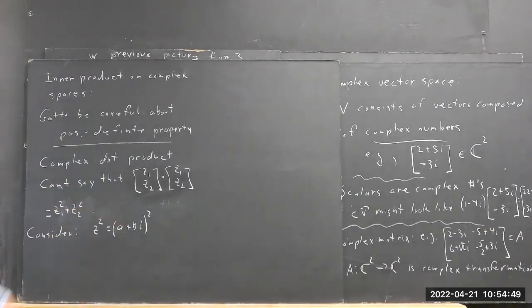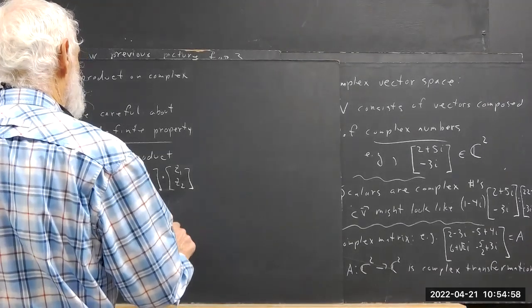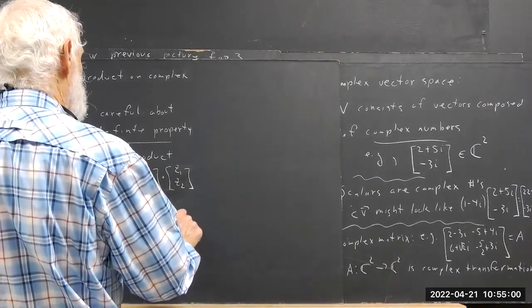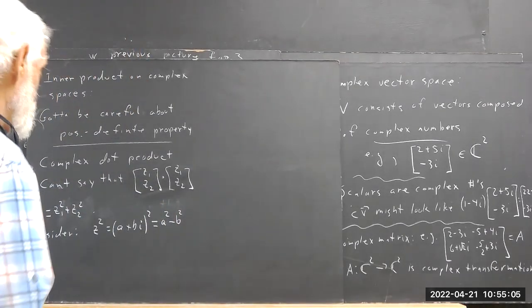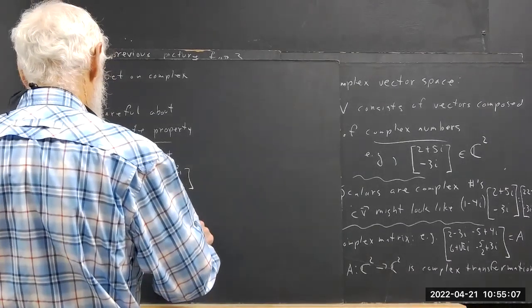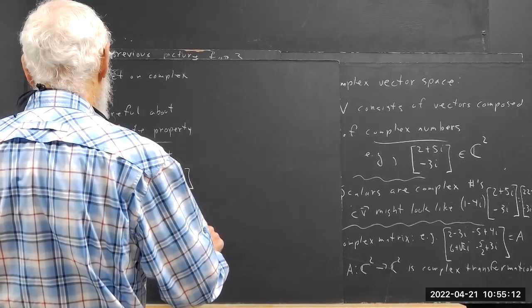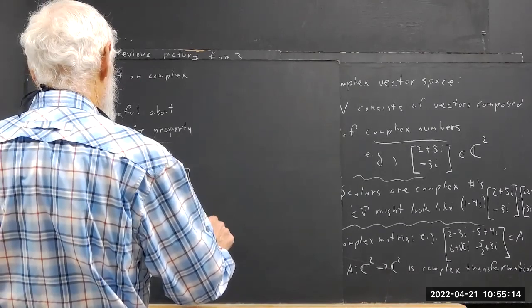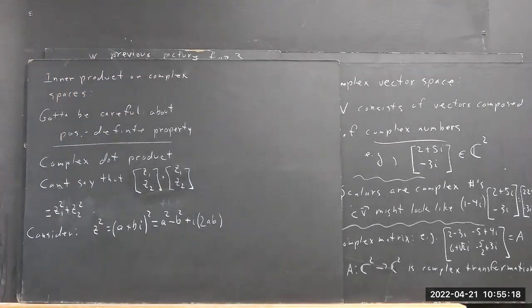z squared would be (a plus bi) quantity squared, right? So that's a squared minus b squared, plus i times 2ab. Okay.